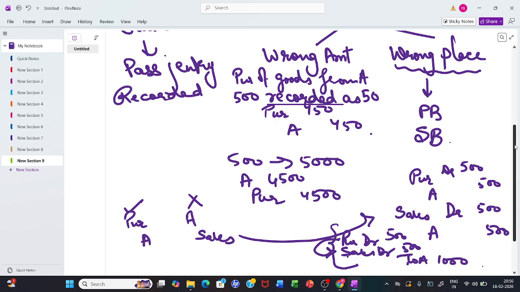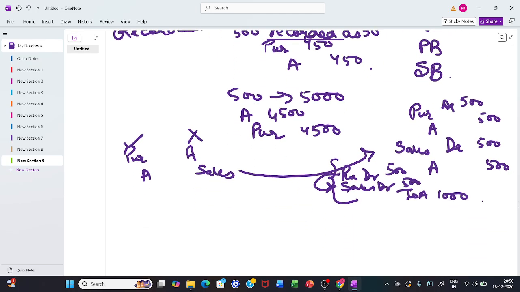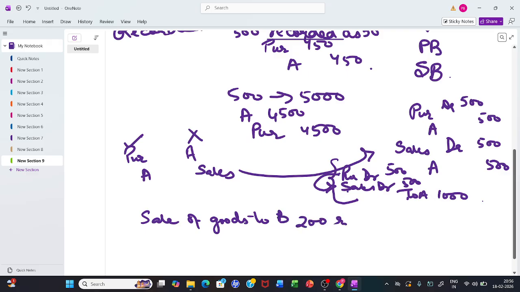Let me teach you more examples of this. Next is sale of goods to B, 200, recorded in purchase book. So what is it? Sale of goods. So I should have done B to sales.